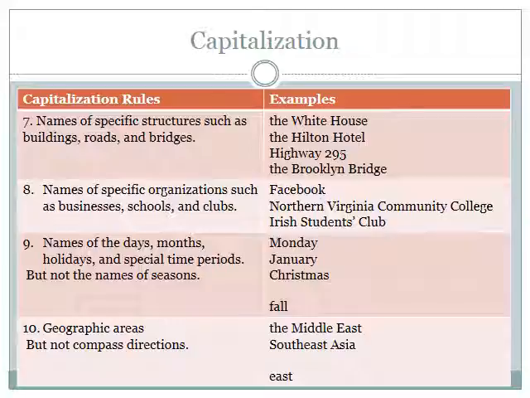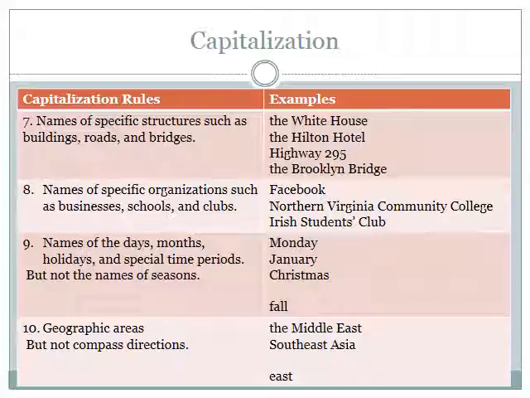And the last one is geographic areas. Now this one sometimes gets people confused. But when we say geographic areas, we're not talking about countries, and we're not talking about rivers or mountains or anything like that. We're talking about parts of the world. So we can say the Middle East. The Middle East is part of Asia, but it's a segment of Asia.